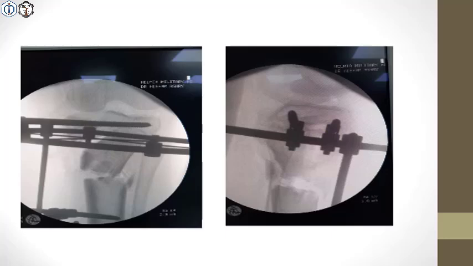In the lateral view, you can see the perfect alignment. And the advantage of having an Ilizarov frame is we can do fine adjustment to correct the position or the angles in every plane.